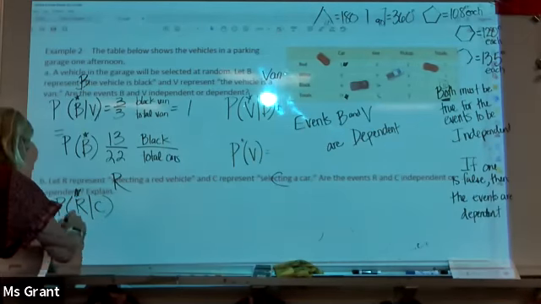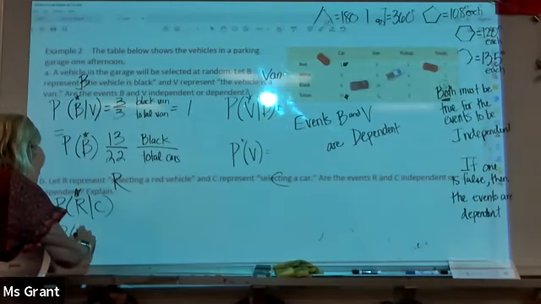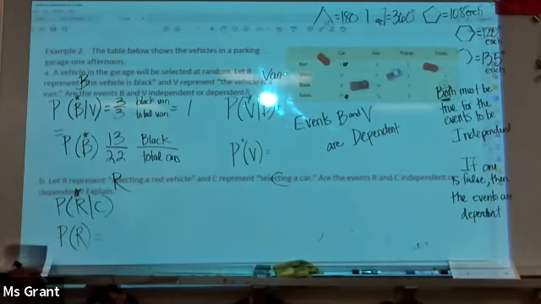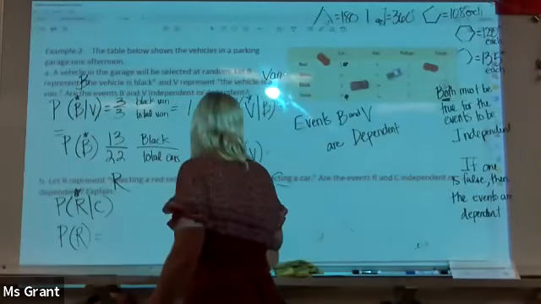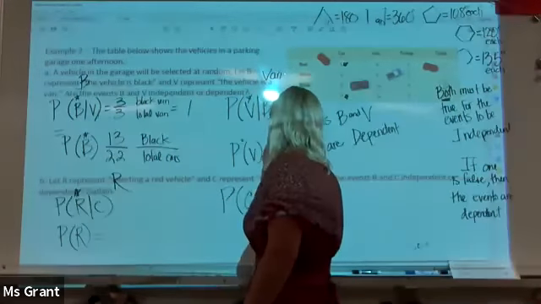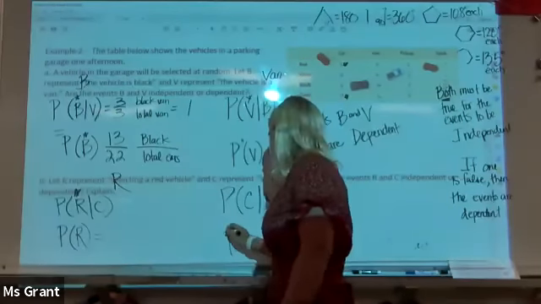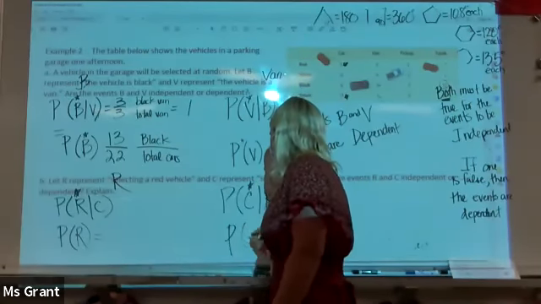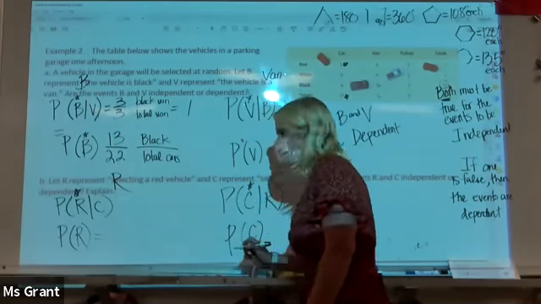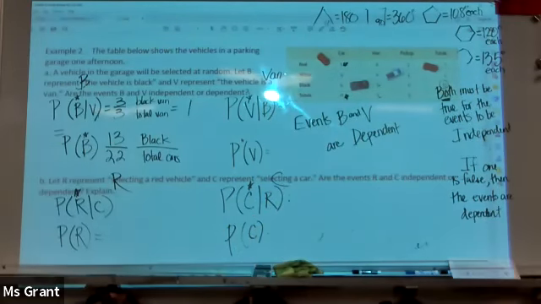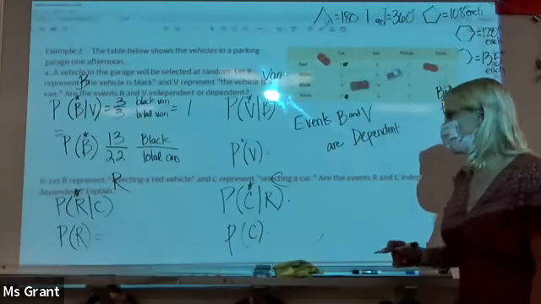And the first letter in my, then I'll do my red. I also have to do the converse. It being red and then it being a car. And the first letter in my probability of just the cars. So I have to do both.